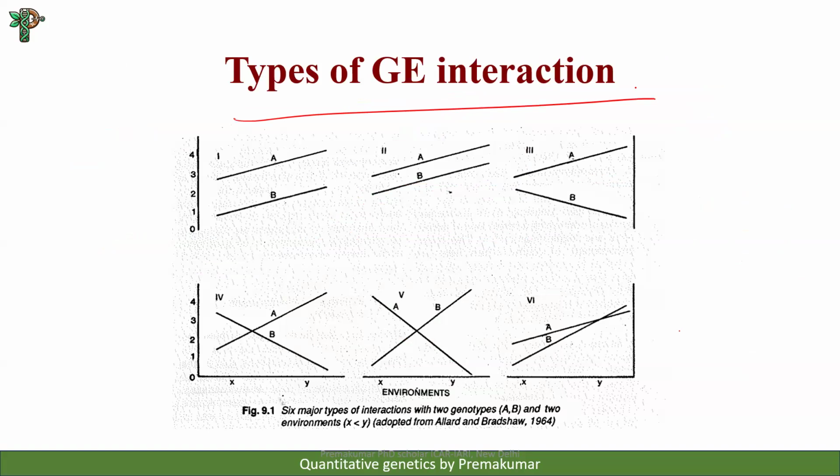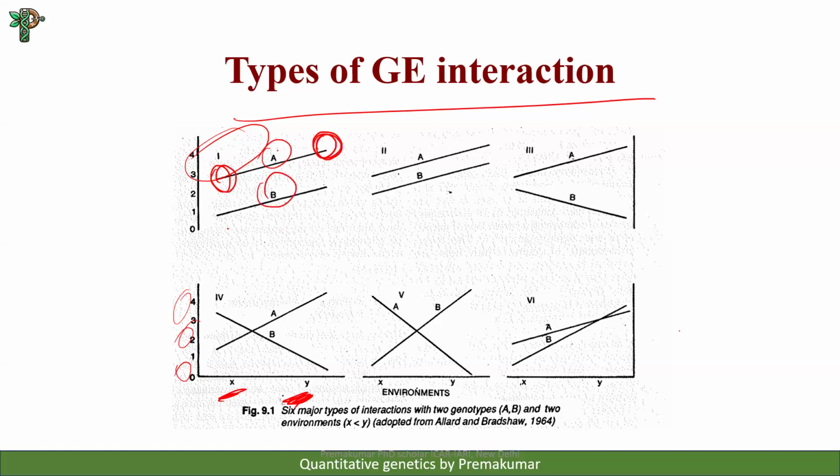You can see in the first diagram, these are the different inbred lines, and these are their performances. You can see individual A in environment one. This is the X environment and this is the Y environment. In X environment, individual A has low performance. When it is shifted to Y, it has high performance.